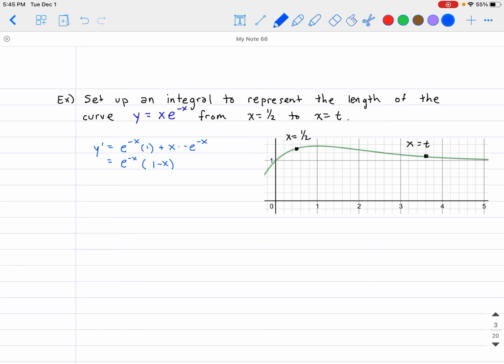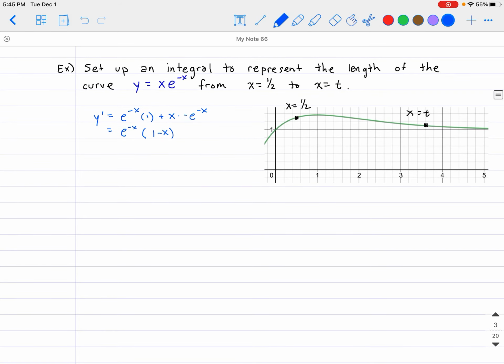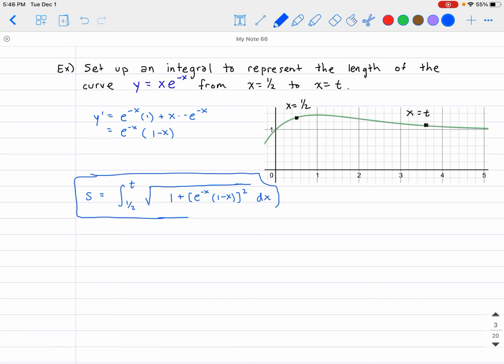Now if I put it into my arc length equation, s, which is the arc length, is equal to the integral from your starting point, 1/2, all the way to your endpoint, t, of the square root of 1 plus e to the negative x times 1 minus x, the quantity squared, dx. And so right there, that is my representation of the curve.